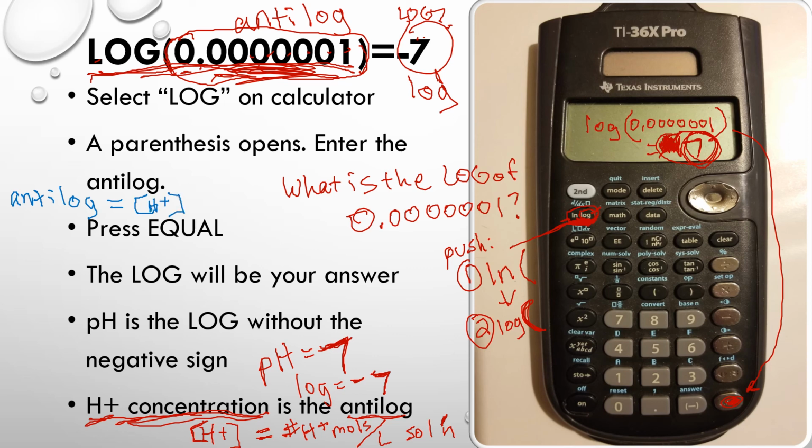Now that's the symbol for the hydrogen ion, the H plus, and then those brackets around it just mean concentration. So that would be the same thing as the number of hydrogen ion moles per liter of solution. I hope you can read that. I ran out of space.